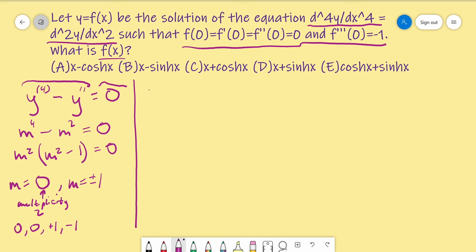So the general solution is going to be y is equal to c1, some constant, c1, e to the 0x, that's just 1, plus c2 x e to the 0x, because 0 appears twice, plus c3 e to the 1x, and then plus c4 e to the minus 1 times x, so minus x.